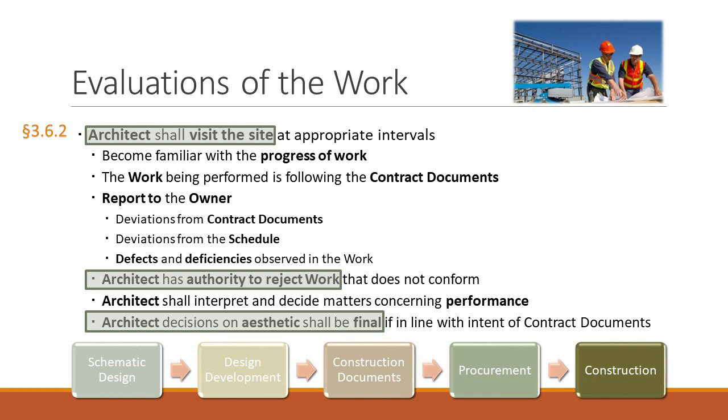The architect shall visit the site at intervals appropriate to the stage of construction or as otherwise required in Section 4.2.3 to become generally familiar with the progress and quality of the portion of the work completed, and to determine in general if the work observed is being performed in a manner indicating that the work, when fully completed, will be in accordance with the contract documents.